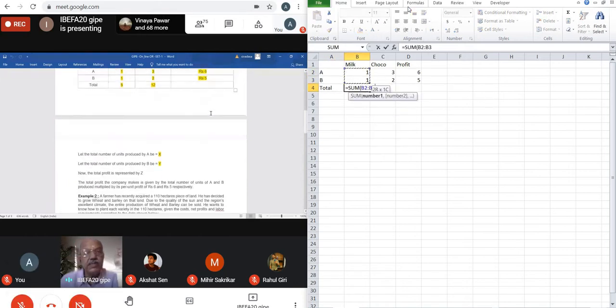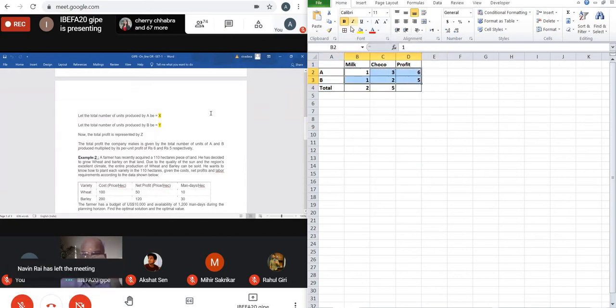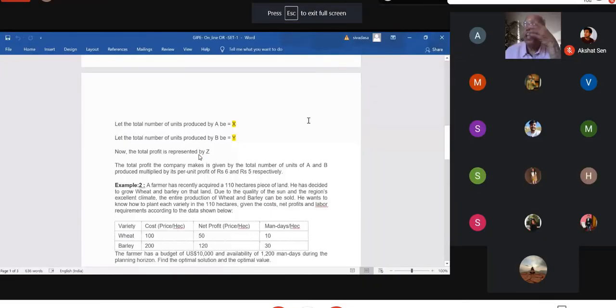So the first step, variables. Variables are X and Y. X represent number of A-type chocolates. Y represent number of B-type chocolates.